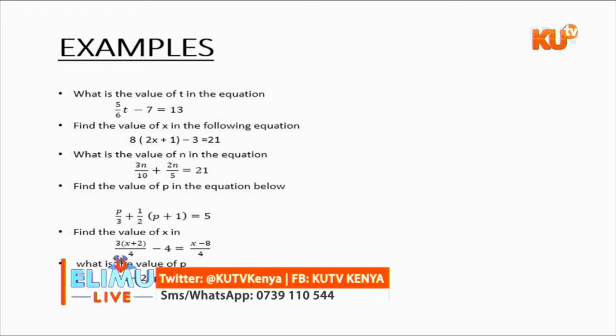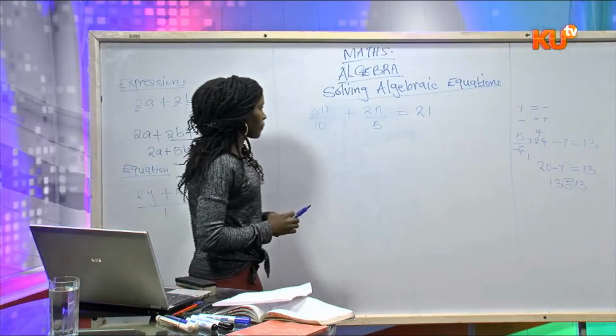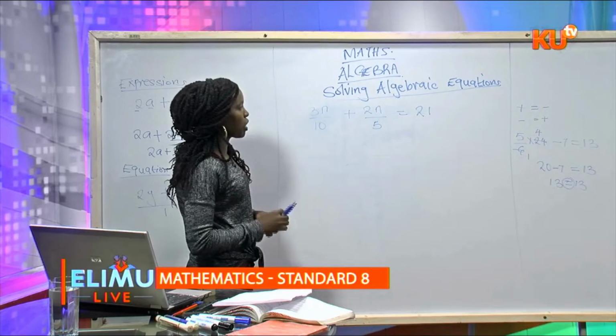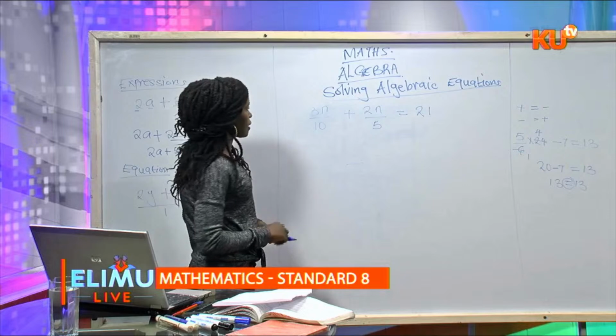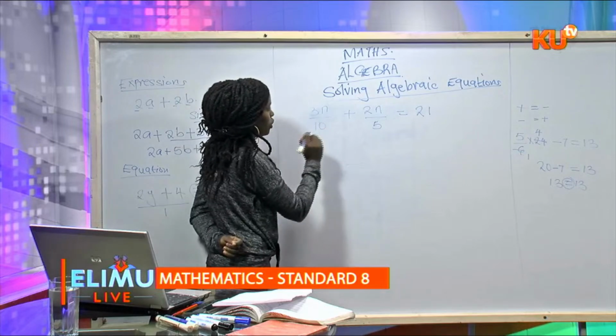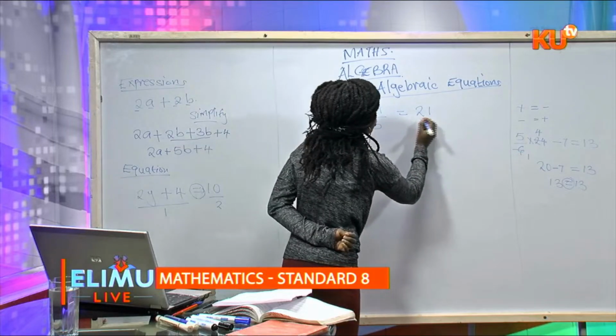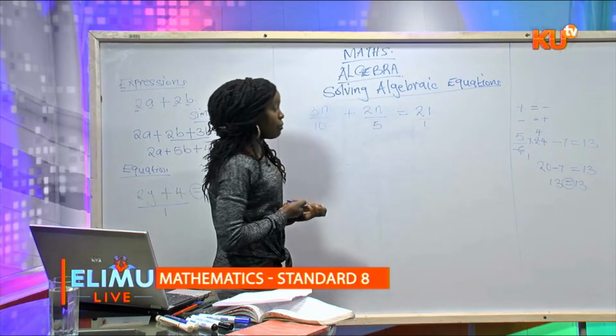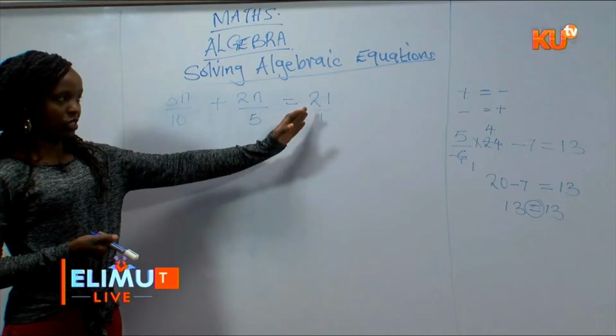What is the value of n in that equation? If you look at our equation, we have two fractions and we have a whole number. We can't solve it when you have a fraction and a whole number, so you have to make all the numbers the same. So this 21, we are going to put it over 1 to make it a fraction.